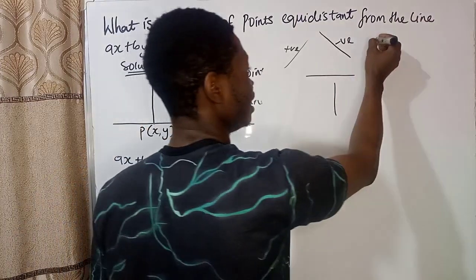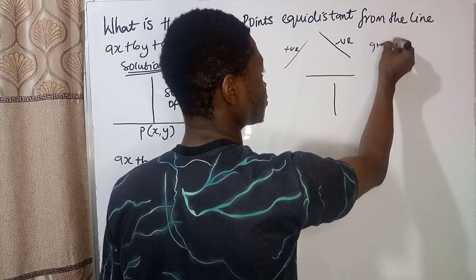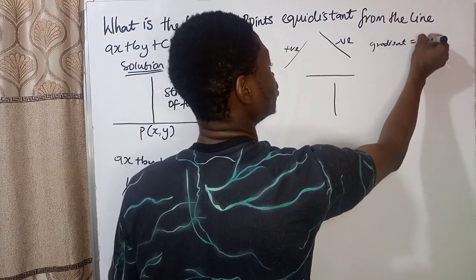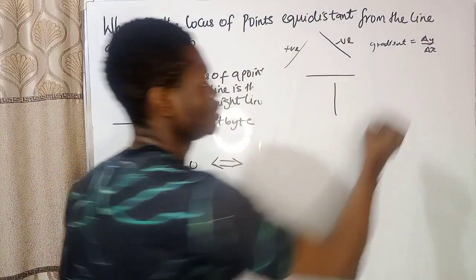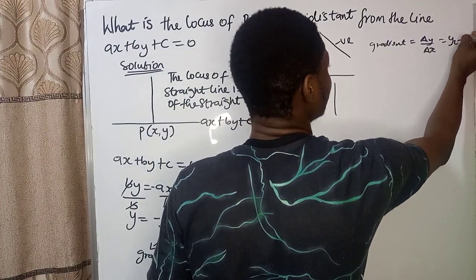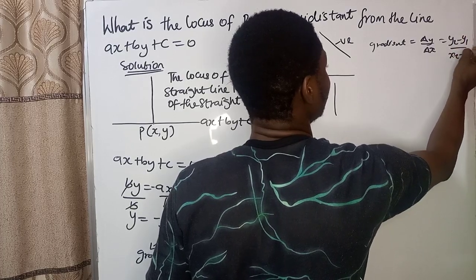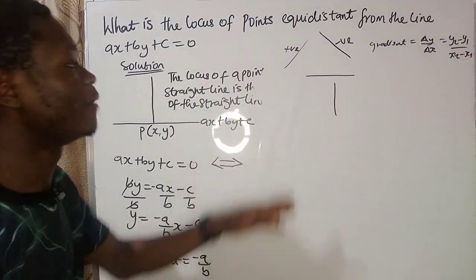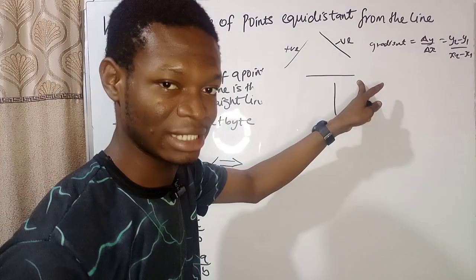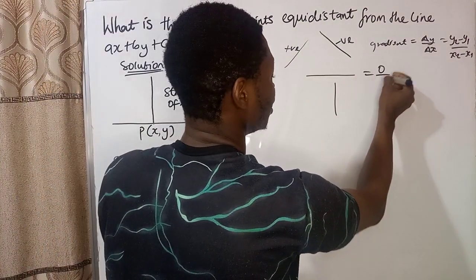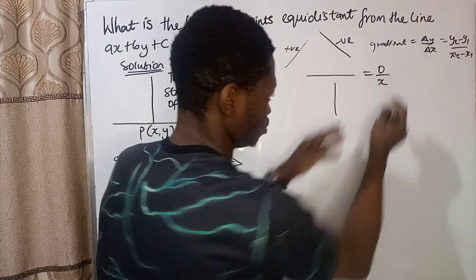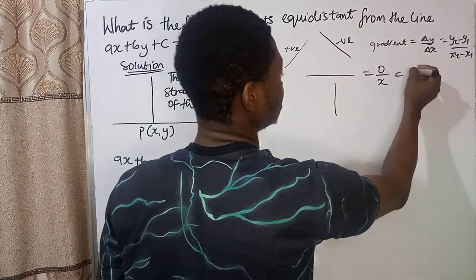And remember that gradient is equal to change in y all over change in x, which is equal to y2 minus y1 all over x2 minus x1. And remember, when your gradient is like this, it means that your y is 0, your x is still there, so this thing is 0.